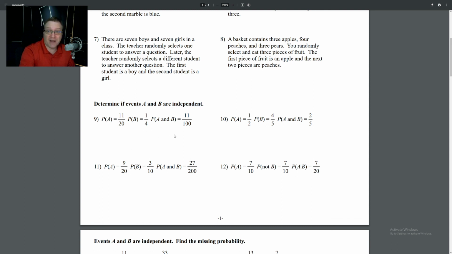All right, and how are you going to know? Well, if this times this equals this, then we know they are independent. If this times this does not equal that, then they are dependent. They are not independent, right? All right, so that's how you do these. You just need to multiply these two together and see, does it equal this? If it does, then it's independent.